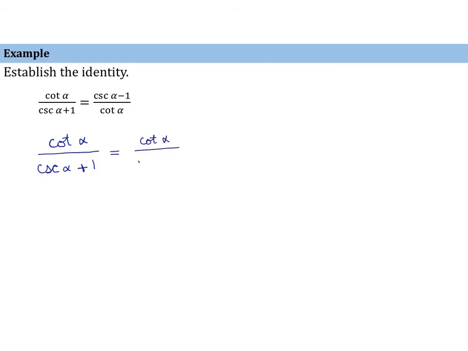Now what we're going to do in this problem is let's use the trick of forcing the denominator to be a difference of squares. So we're going to multiply by cosecant of alpha minus 1.